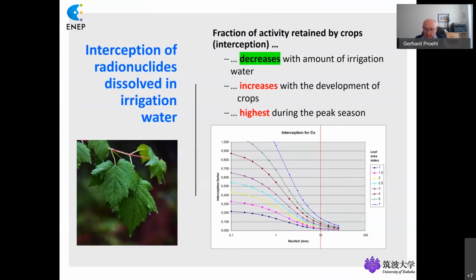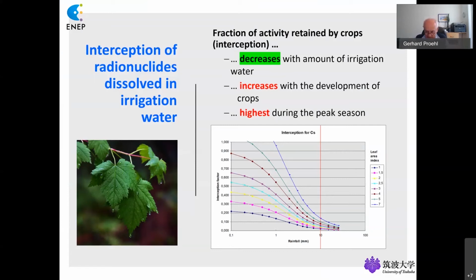But you see, for such an irrigation regime, and depending on the leaf area index, the fraction of radioactivity retained is in the order of 10%, 5%, 0.1 or 0.05.